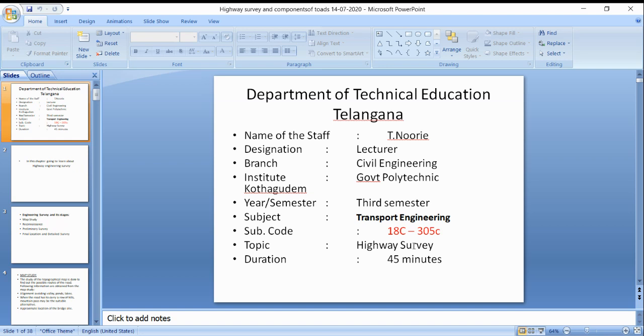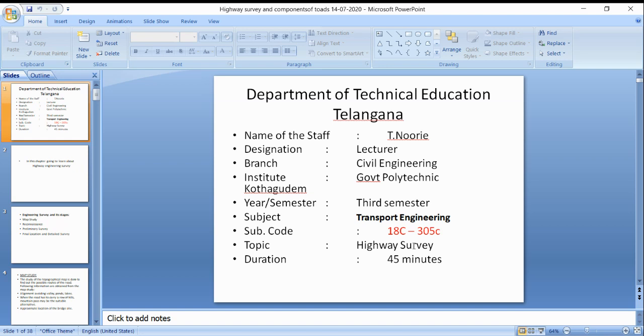Where any two terminal points are connected, it is necessary to deviate from the shortest route. If any important terminal points are coming, then we have to deviate the alignment from the shortest route so that those terminal points are connected.